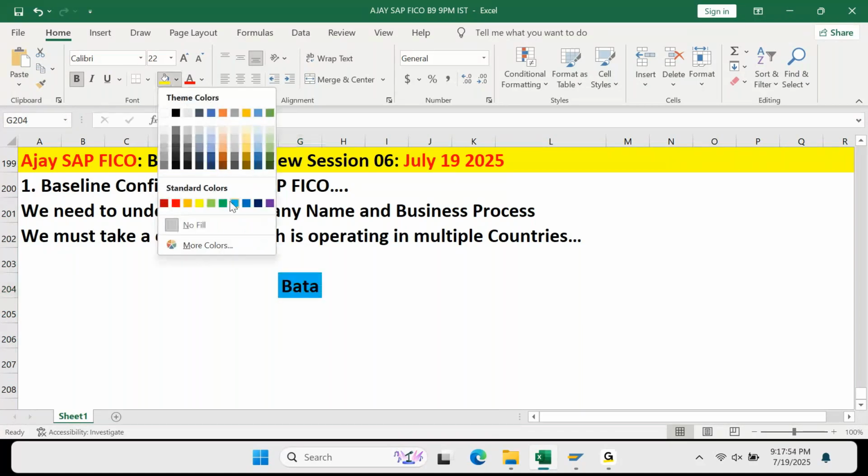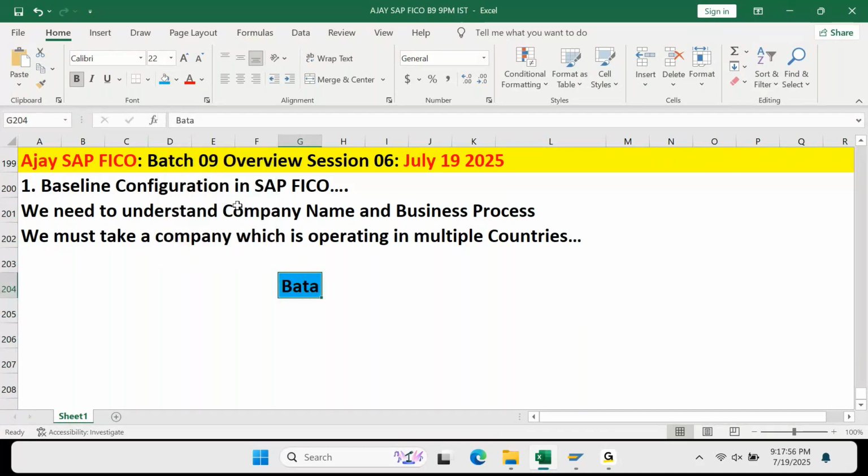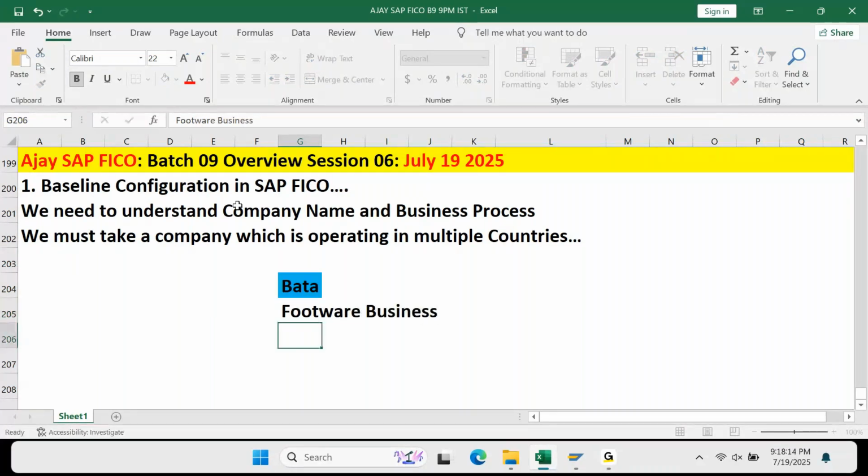I'm taking this because everybody is aware of it. If you look at Bata, what is Bata manufacturing? When I say Bata, what is striking your mind? Footwear. Can I say it's a footwear business? Bata is a footwear business.